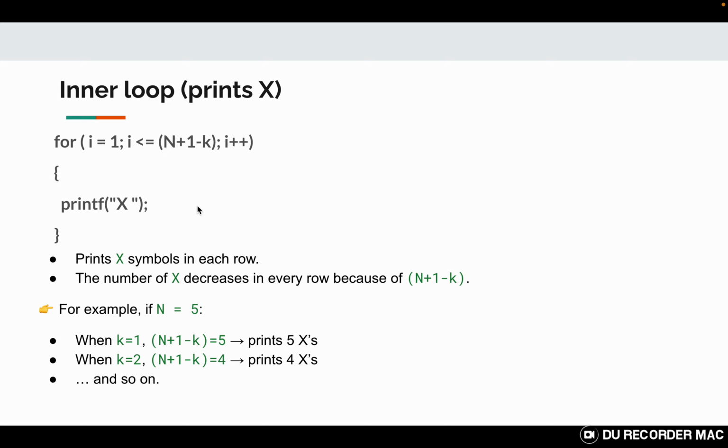This is the part where the printing of X happens, and we have initially declared a variable i, and we have utilized this i variable for running this loop which prints the symbol X. Now if you see this example and the explanation of it, I have mentioned here that if the n value is 5, so the user has entered 5, that means he wants to see 5 lines, and initially when the k value is 1, then n plus 1 minus k is equal to 5, right?